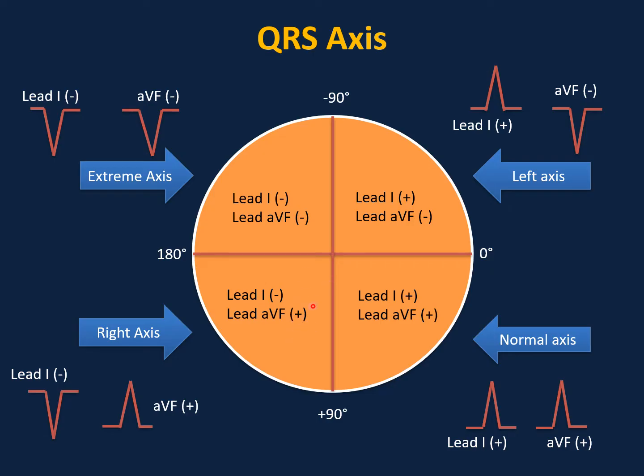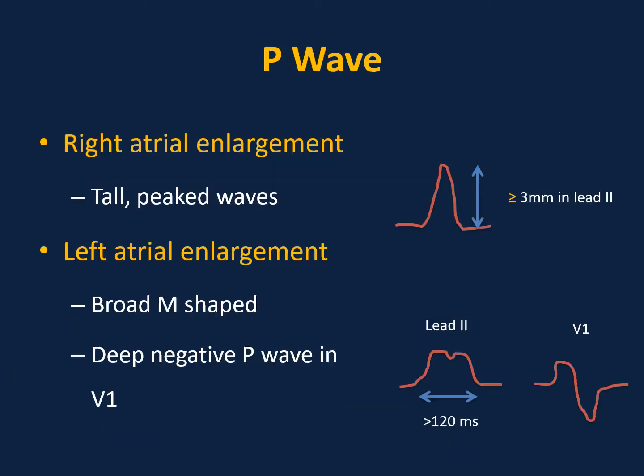As they grow, the force moves towards the left ventricle, and they start to have normal axis, with the QRS positive in lead 1 and positive in aVF.